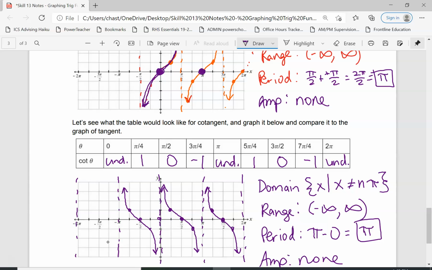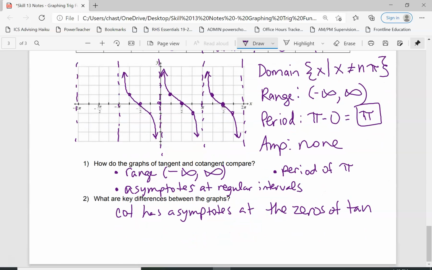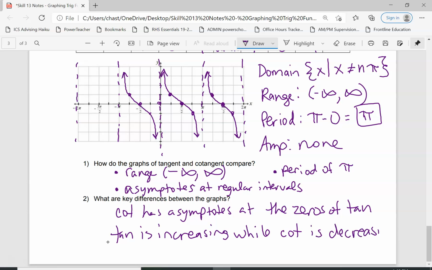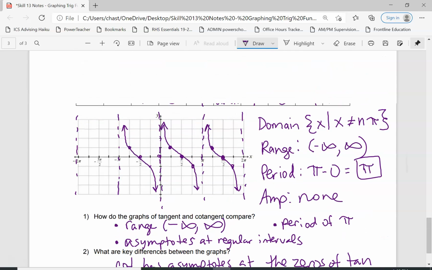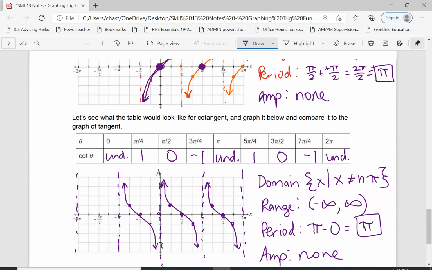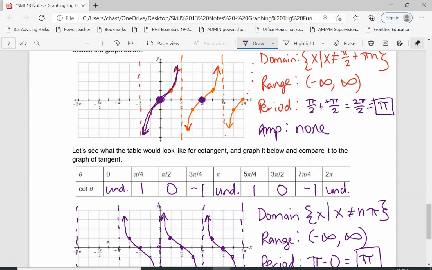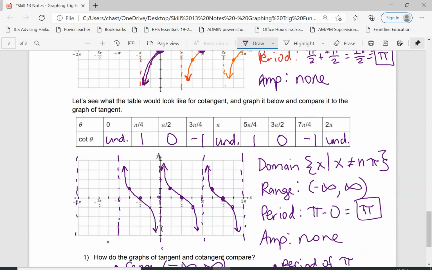It's an asymptote on cotangent. Also, tangent is increasing while cotangent is decreasing. Tangent graphs are increasing from left to right. Cotangent is decreasing from left to right.